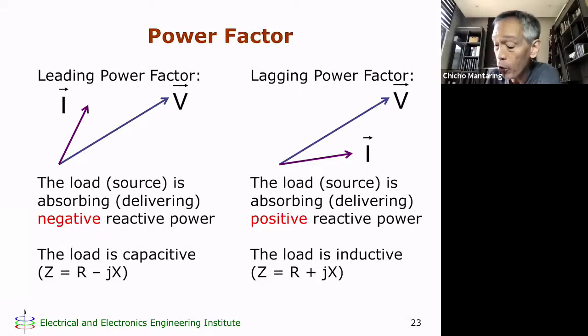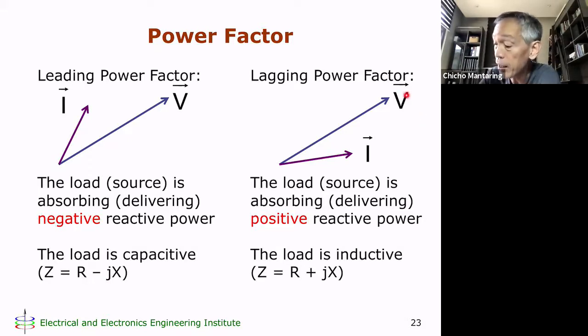When the power factor is leading, the load is absorbing negative reactive power, and from the source's point of view, it is delivering negative reactive power. And this happens when the load is capacitive. In other words, if I get the equivalent impedance of my circuit, it has the form R minus jX.